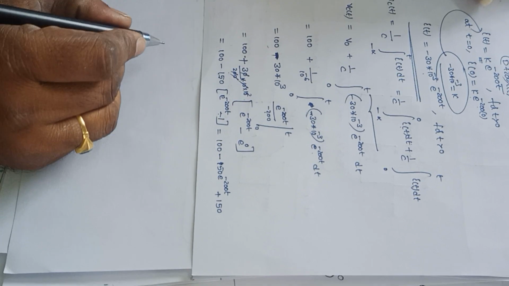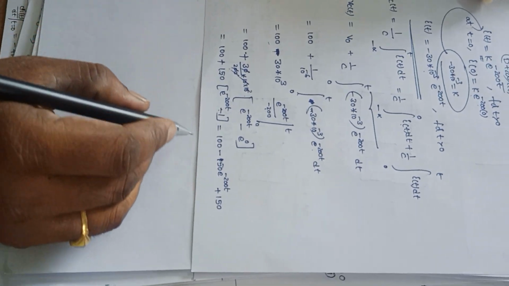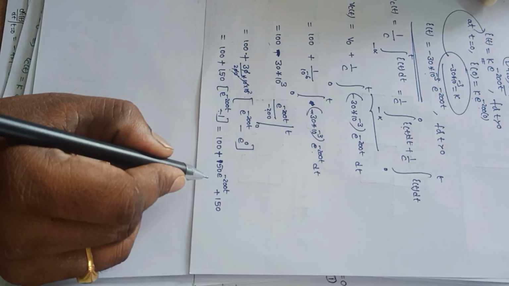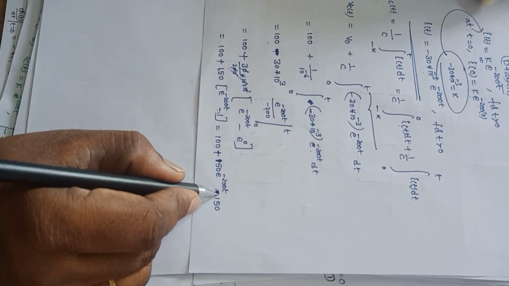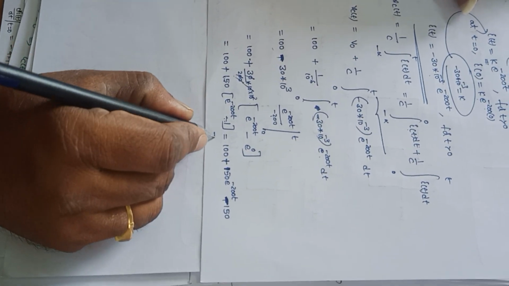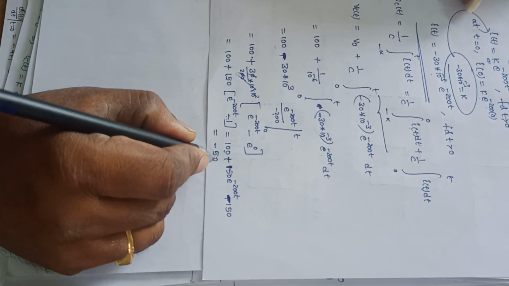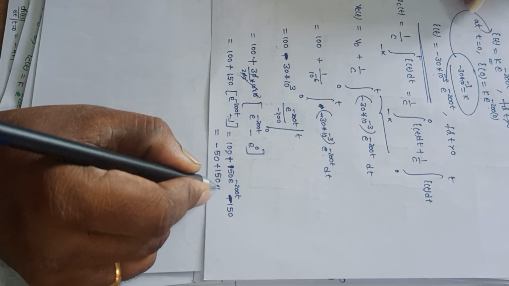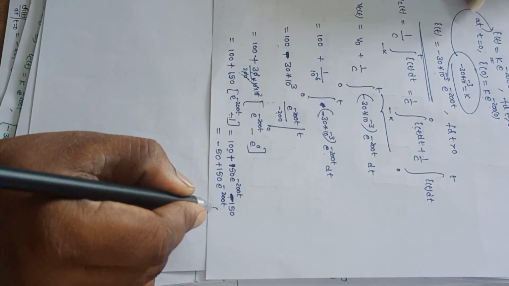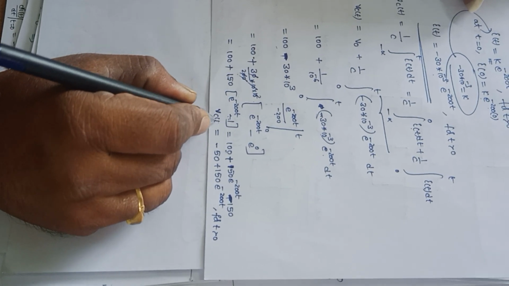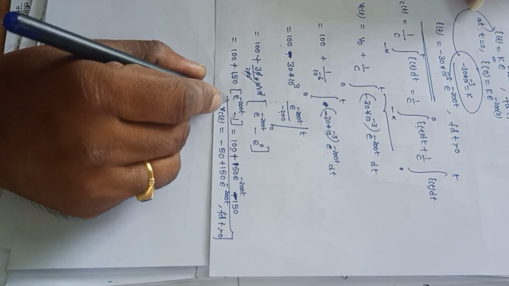Here it will become plus, so it is plus 150 into e power minus 200 t, and the constant is minus 150. So this will become 100 minus 150, that is minus 50 plus 150 into e power minus 200 t for t greater than 0. So this is the expression for Vc of t for the above problem.